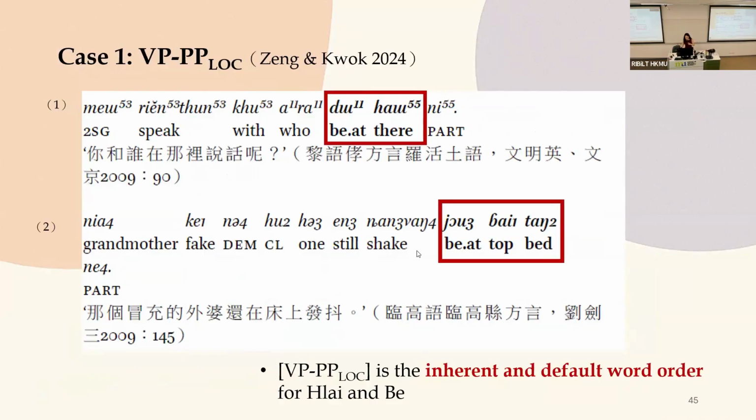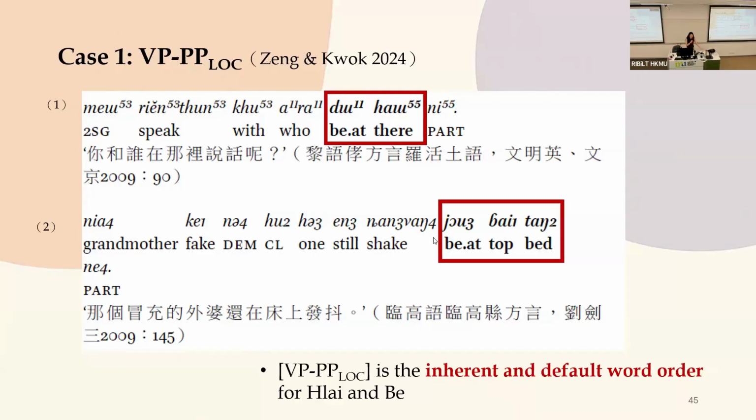Here I show you some of the examples. They have the PP appear after the verb, and this is very similar to what we just saw. You have: the false grandma still shakes on the top of the bed. So this 'on top of the bed' appears after 'shake'.